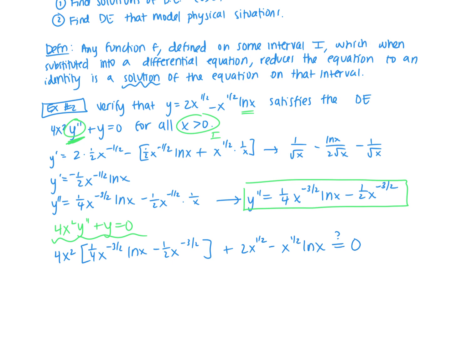Okay, so when we multiply out then, we get x to the 1/2 natural log of x, subtract 2x to the 1/2 plus 2x to the 1/2, subtract x to the 1/2 natural log of x, and we do in fact get 0 equals 0. That is verifying solutions.